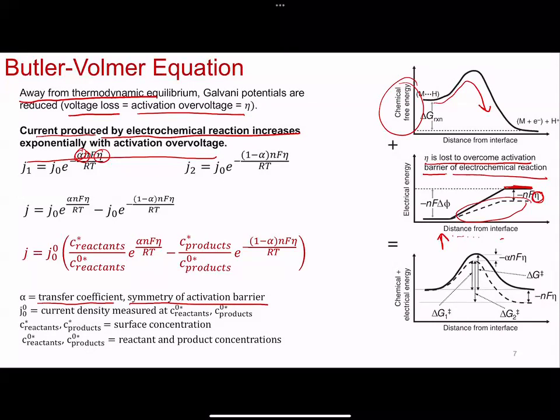What that means is what I showed you before: you have a chemical reaction, you start off here, you overcome the barrier, and you get to some product state. Alpha tells you how asymmetric it really is.